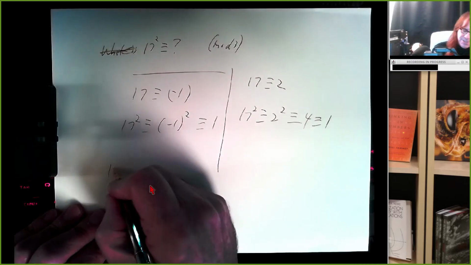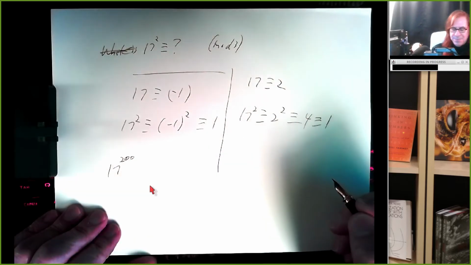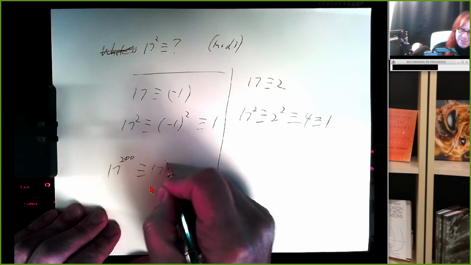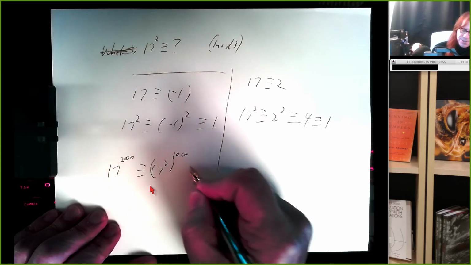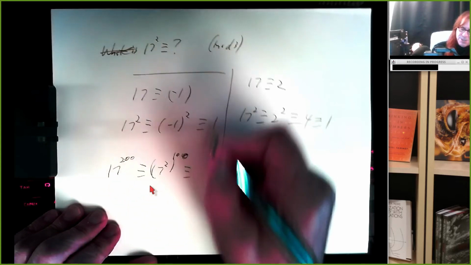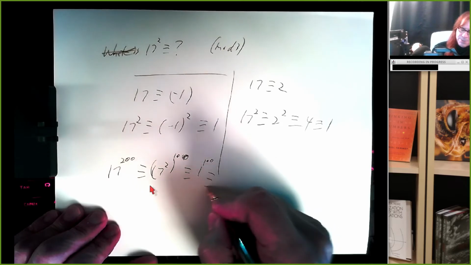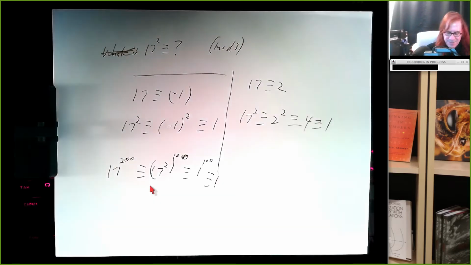If I wanted to know 17 to the 200th, well, that's 17 squared raised to the 100th, which would just be congruent to 1 to the 100th, which is just 1. So if I multiply 17 times itself 200 times, and I subtract 1, I should get a multiple of 3.